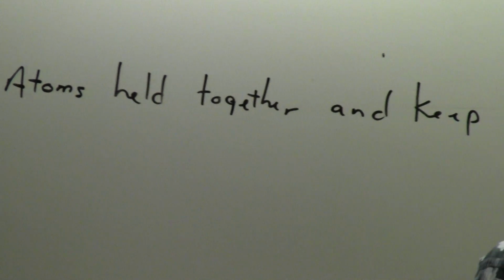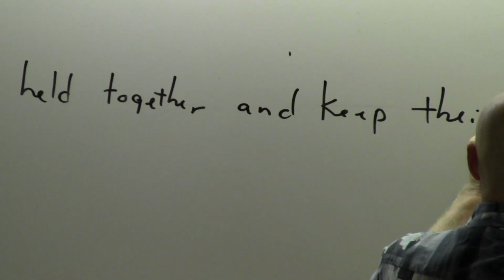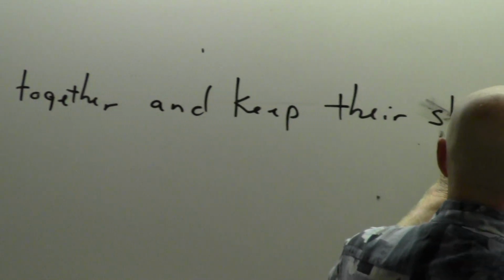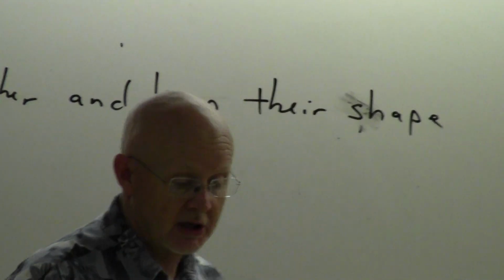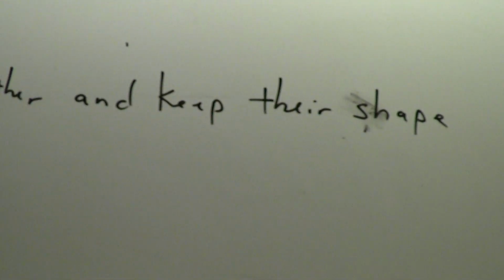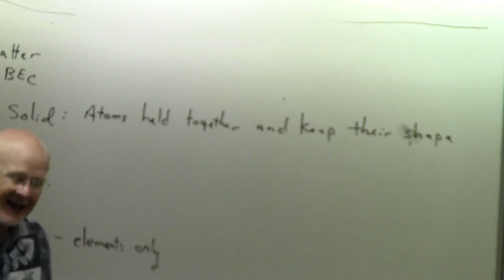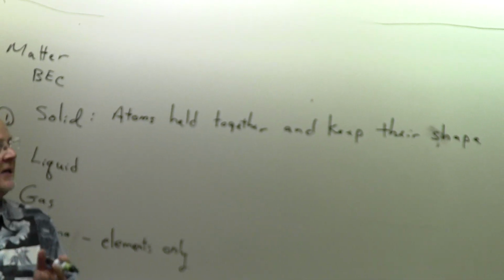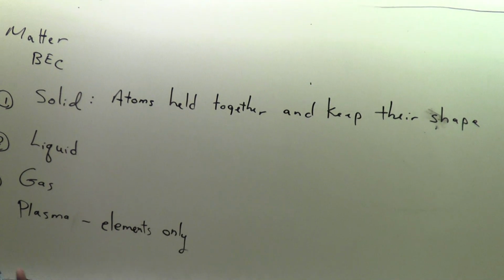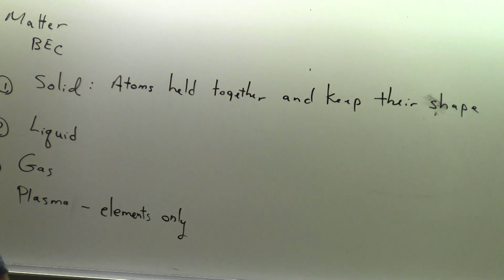Gravity will not pull it apart. You put it in a container, it doesn't matter the shape of the container, it still has its same shape. So when you put an ice cube in a piece of glass, the ice cube doesn't change its shape. It is still a cube.